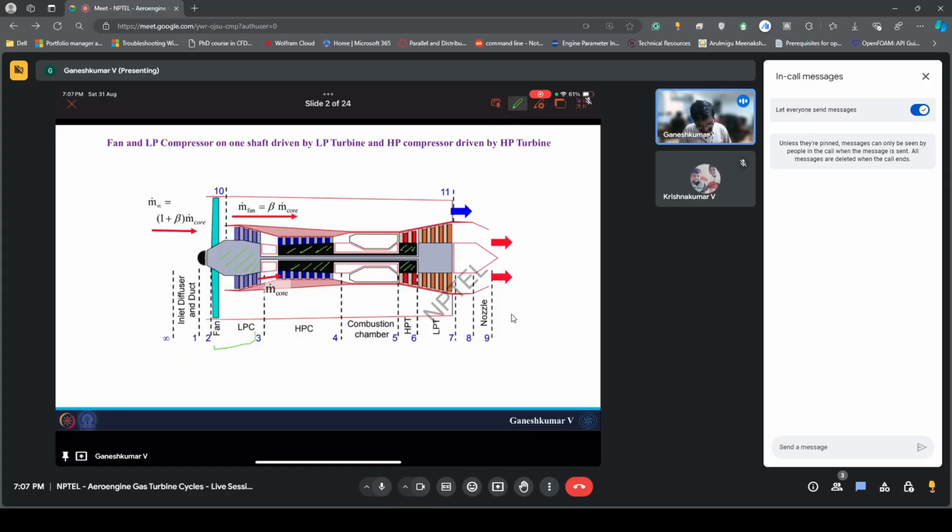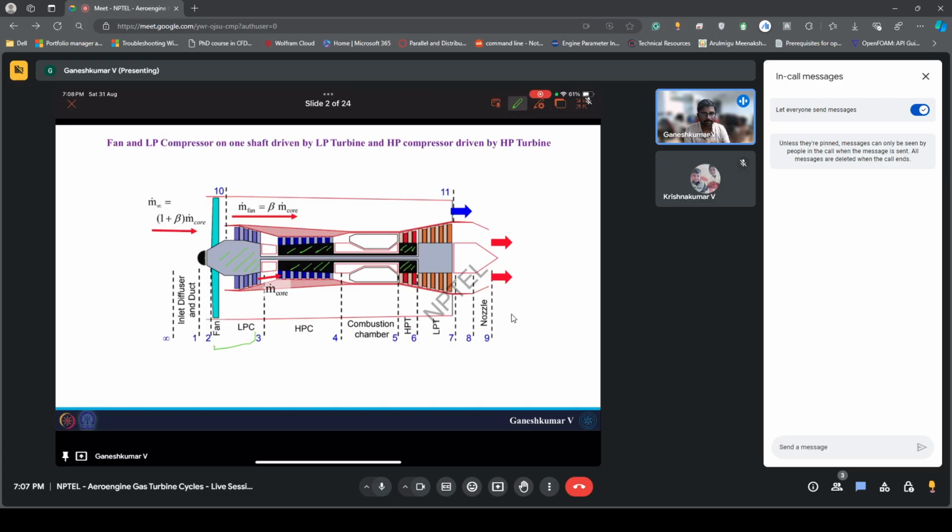As in every gas turbine cycle, you have an inlet and a fan. After the fan, the entire air stream is divided into two streams: a core stream and a bypass stream. In the core stream, it encounters the compressor, combustor, turbine, and nozzle.